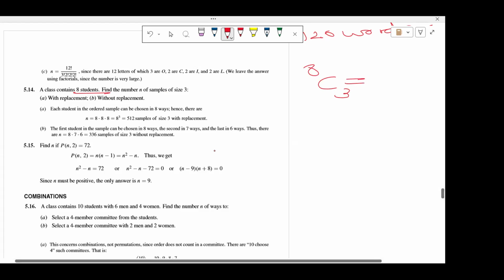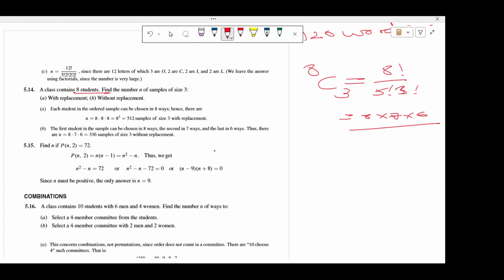So 8C3, 8 factorial over 5 factorial into 3 factorial. 8 into 7 into 6 into 5 factorial. Here we have 3 factorial, which is 6. So 8 into 7, 56 ways we can make these. So that's a simple example, right?